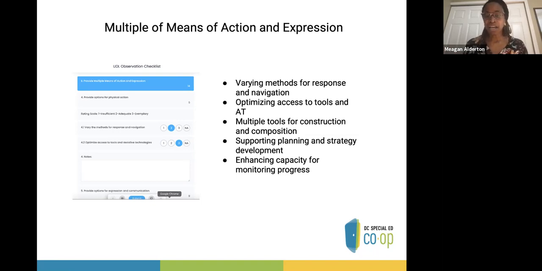We saw you supporting the planning and strategy development, right? You supported them and walked them through as they were working, made certain students told you when they were done prior to moving on to the next, so you made sure they didn't get lost. All of that enhanced your capacity for progress monitoring and led to student success for every single kiddo who was in that classroom at that moment.